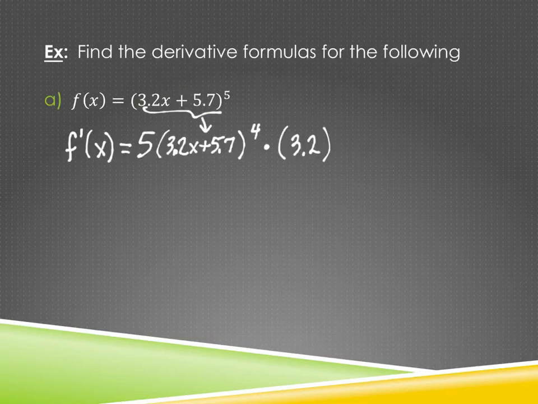The first example, I'll just remind you what we did, and then we'll jump back into new ones. When we looked at this function, we identified the inside as being everything inside the set of parentheses, and I made it a yellow blob. I said, what's the derivative of something raised to the power 5? We'll pull the 5 down and decrease the 5 by 1, making it a 4.